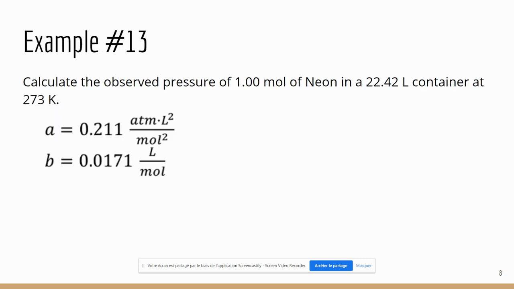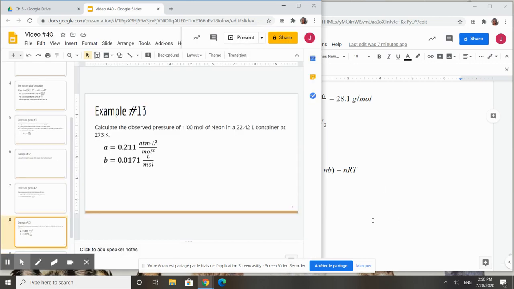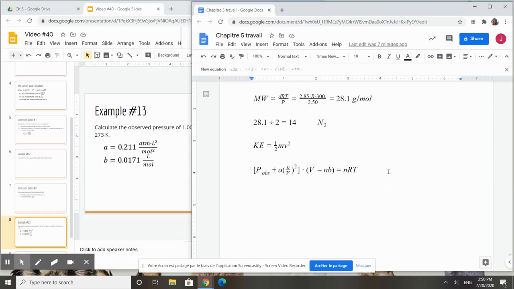Pause here. All right, so I'm going to work through this. So first, you're going to want to rearrange it for P obs, or observed pressure. And then you're going to start plugging things in, which is going to get to be a little annoying in terms of sig figs.